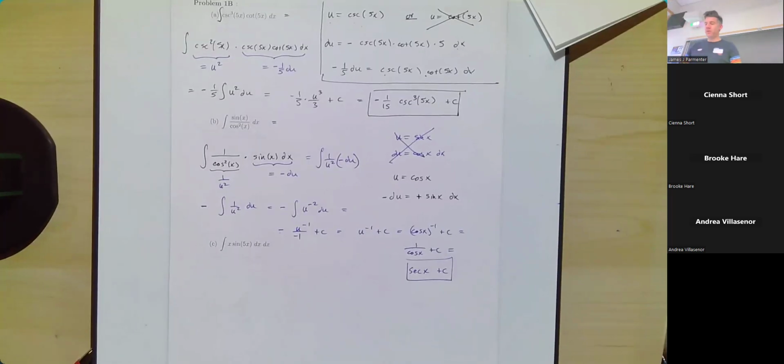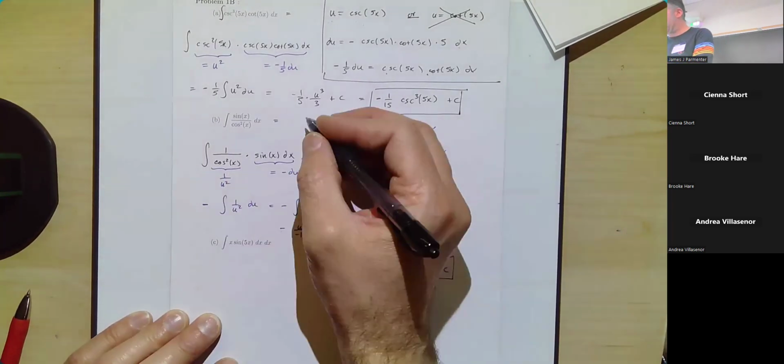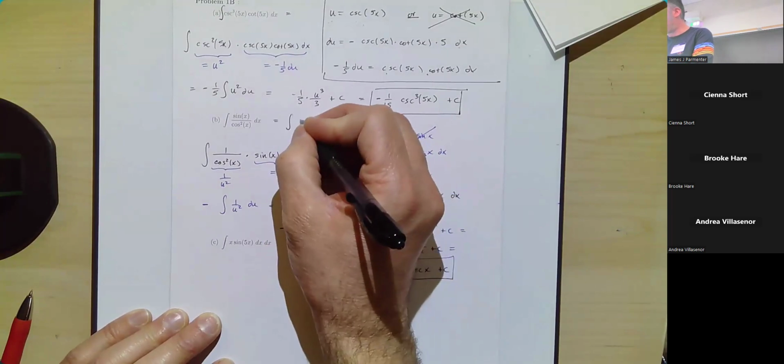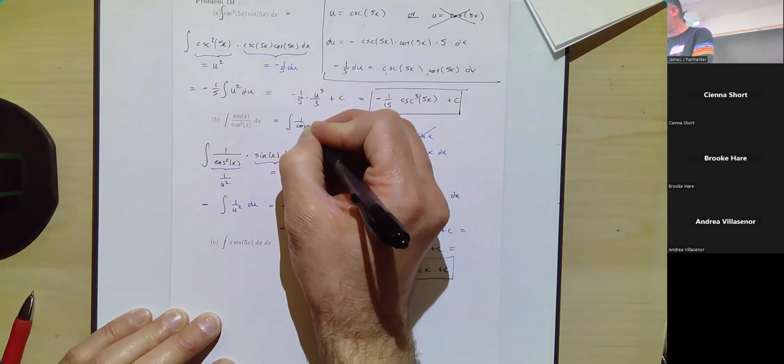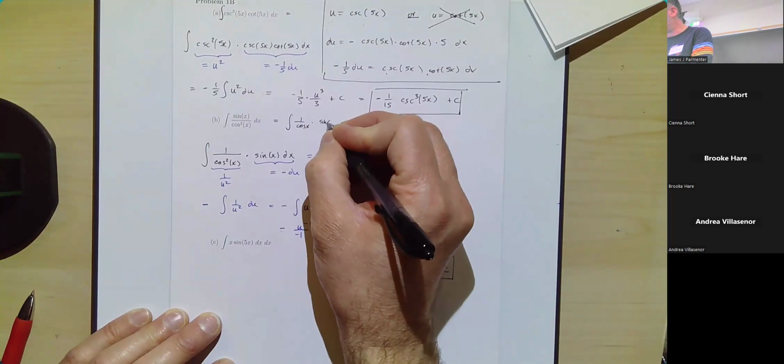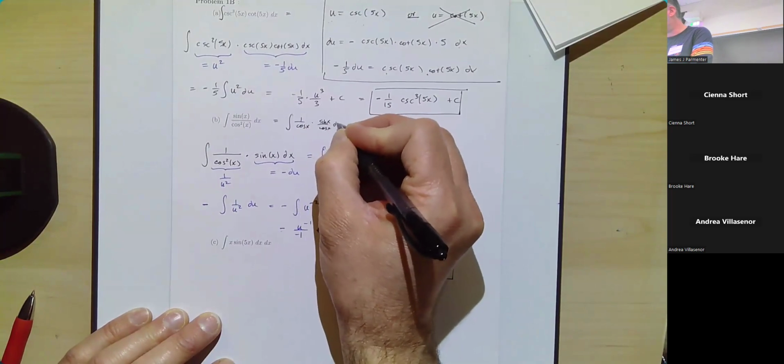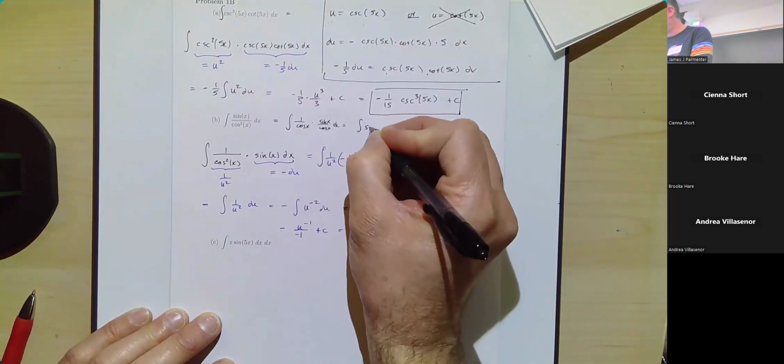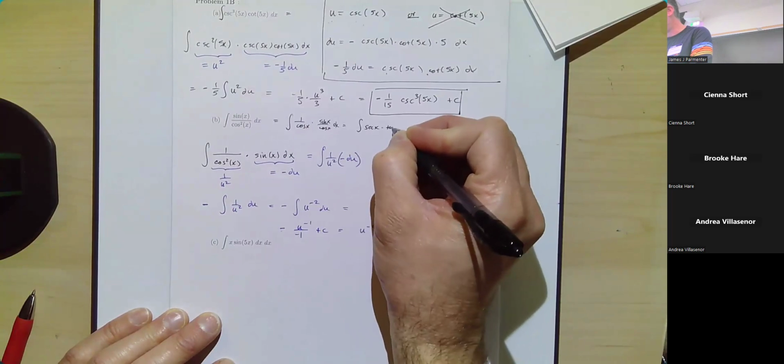This problem you could have done in a much trickier way. Doing it this way is the right way, the way he probably expects you to do it, because it's harder to see that you could rewrite this as the integral of 1 over cosine times sine over cosine, which is just the integral of secant of x times tangent of x.